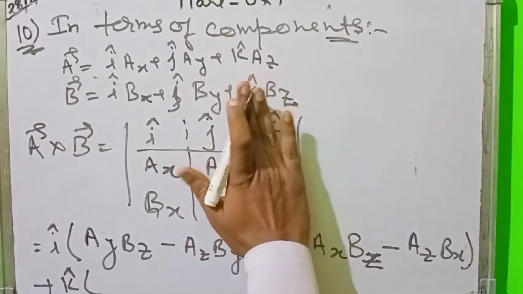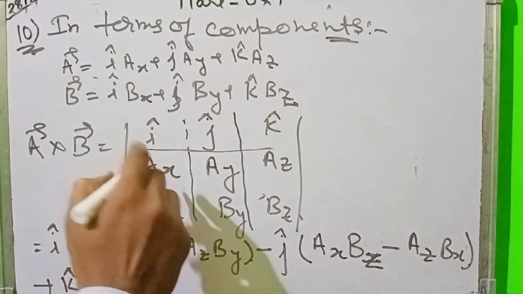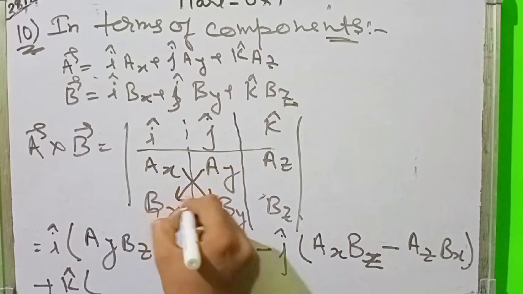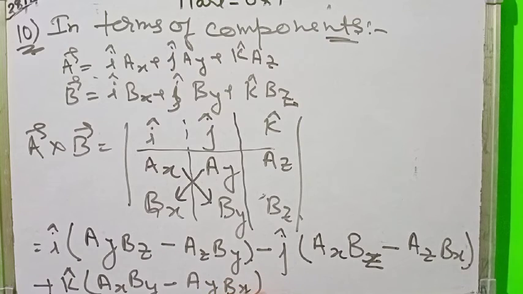For k cap, this column and this row will be omitted, and it will be like this: Ax By minus Ay Bx. So this is the cross product of vectors in component form.